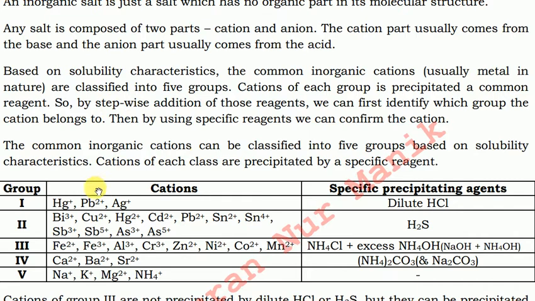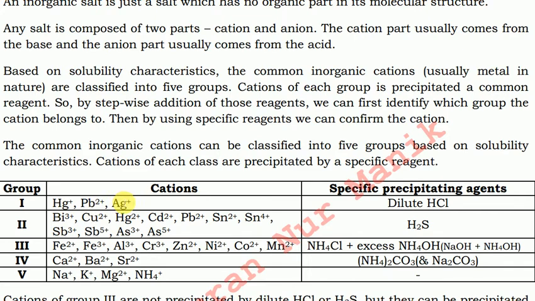For example, the cations of group 1 are those cations which will be precipitated by dilute hydrochloric acid. If we add dilute hydrochloric acid to the sample solution and it gives us a precipitate, then we can say that this solution might contain group 1 cations.